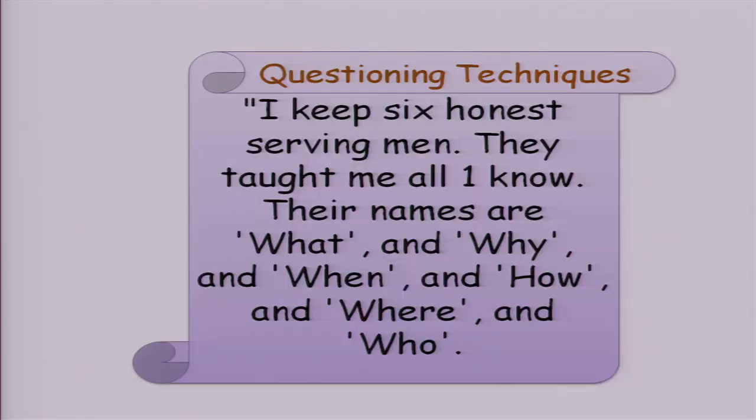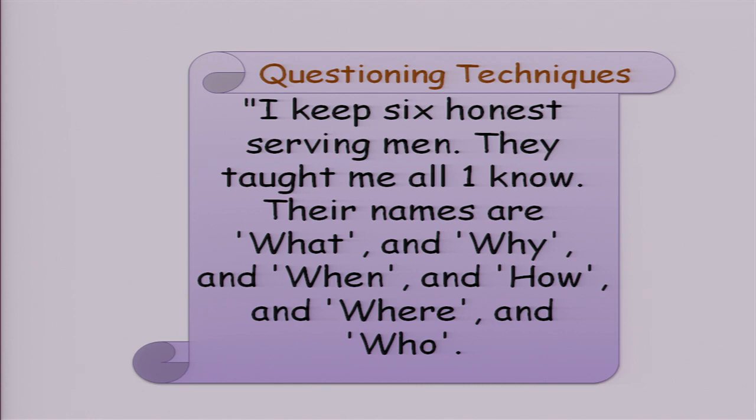And normally we know that in the classroom, the teacher will enter with six masters. Who are the masters? We know that there are six techniques: what and why, when, how, where and who. These are the six masters or the honest serving men in the hands of the teacher.